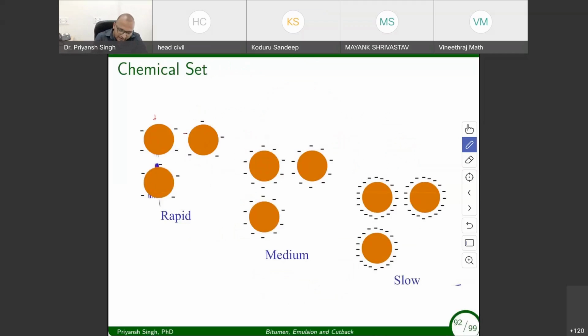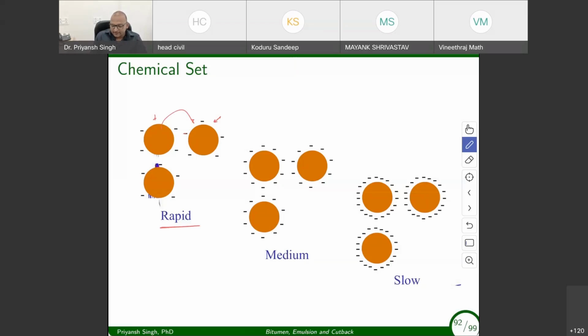If we have a very small amount of charge, this type of emulsion will coalesce quickly, or these balls can join quickly. That's why the name suggests rapid. So rapidly these balls can coalesce if we have a very small amount of charge on the surface of the asphalt globules.